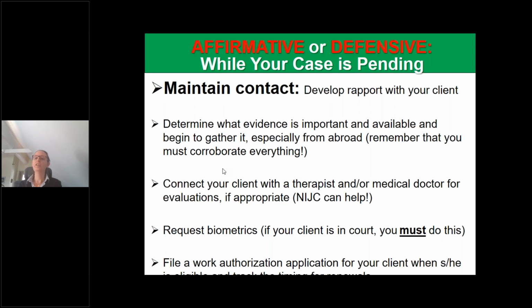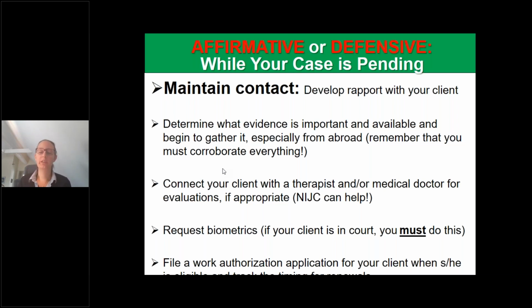And so they were not able to present an affidavit from his grandmother. Obviously, this is an extreme scenario, but it can happen that witnesses who might be available when you start working with your client, something happens to them and they're no longer able to talk to you when you get closer to your hearing or your interview.